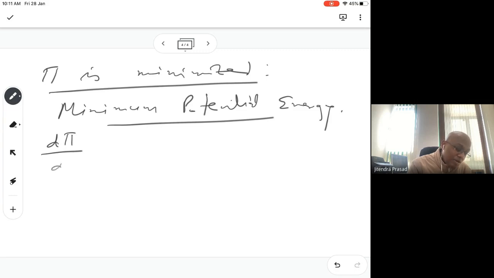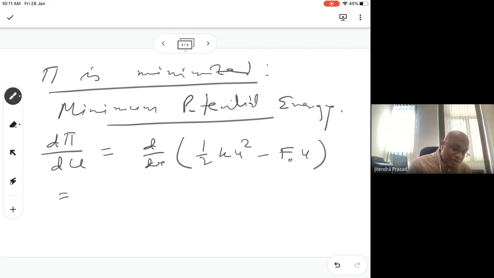So d pi over du is equal to d over du of half k u square minus F naught u, which, if you differentiate, gives k u minus F naught, since all others are constants, and this will be equal to 0. Why?